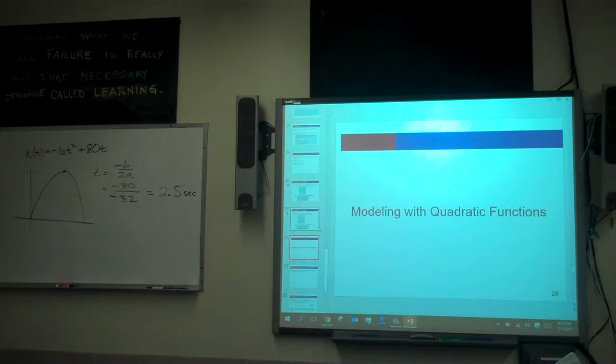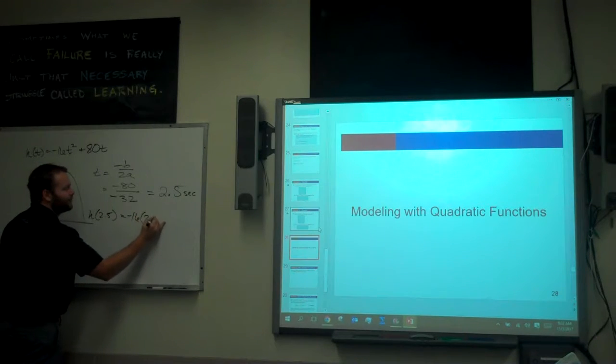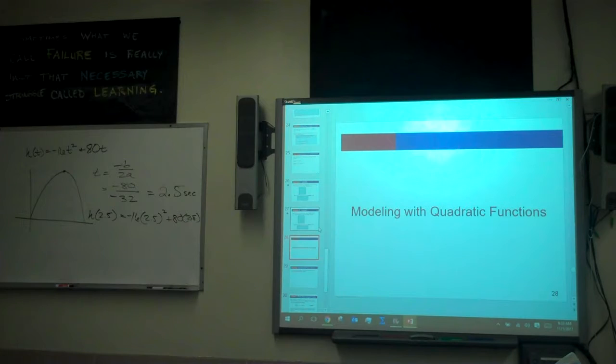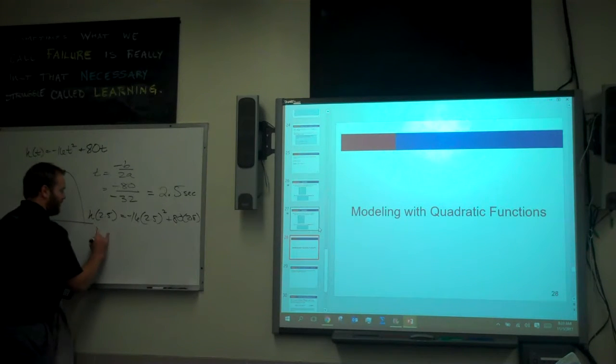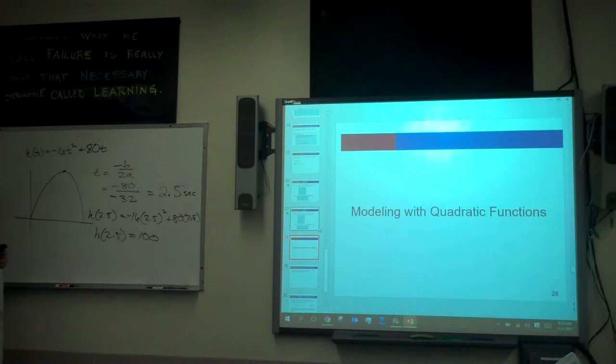But now we want to figure out what that maximum height was. Well, now all I've got to do is take h of 2.5. So negative 16 times 2.5 squared, plus 80 times 2.5. h of 2.5 is 100, if I did that right.